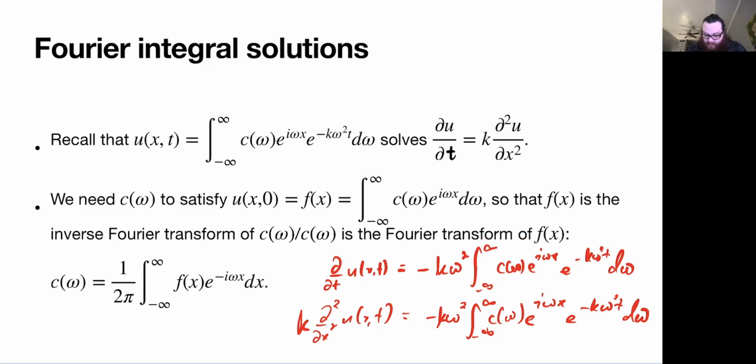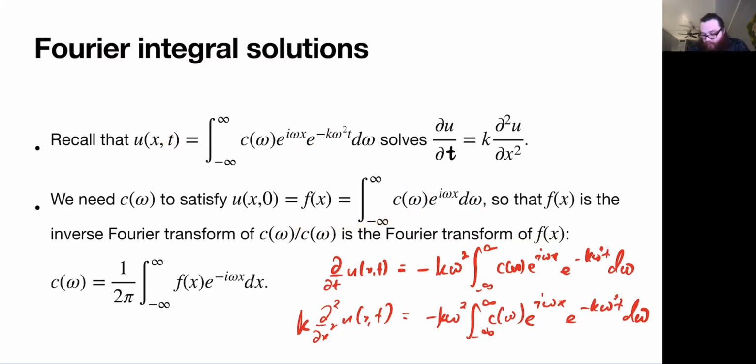Okay. So that's in general. Usually for these problems, we're also given an initial condition. So for this representation to satisfy the initial condition, we'll plug in t equals 0. This piece goes to 1. So whatever these coefficients c of omega are, we need to be able to write f of x in this way.